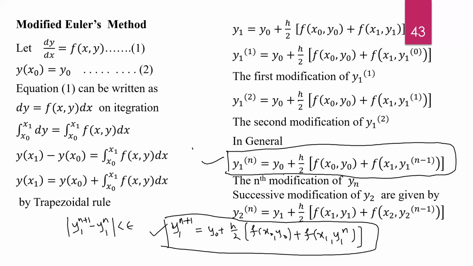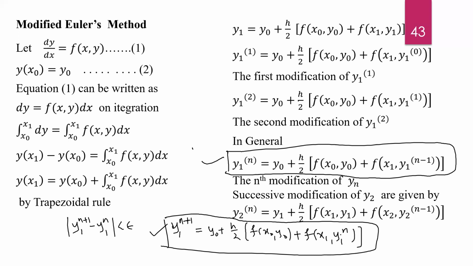The requirement is y naught, x naught, y naught, x1. Now this y1, we can find using the Euler's method.